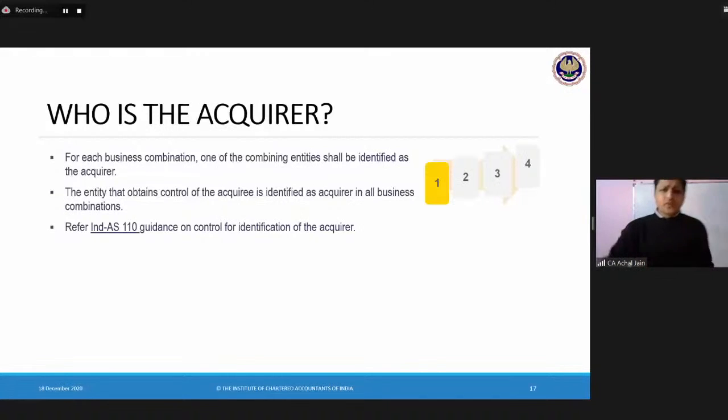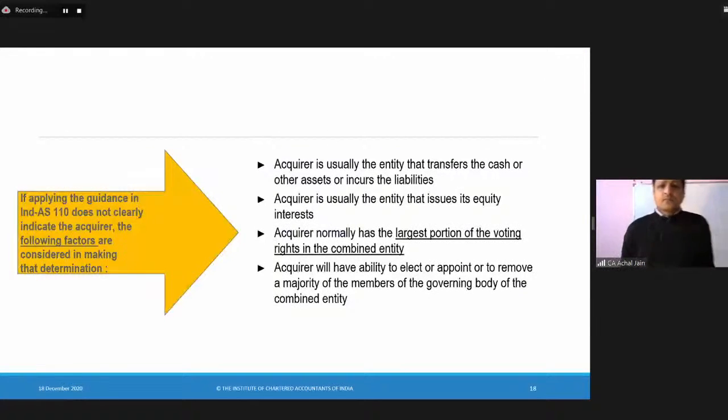Simple, easy to understand. Still, there are certain other points which can help us decide about the acquirer. Over and above the points we have seen, we can also look at some of these points.